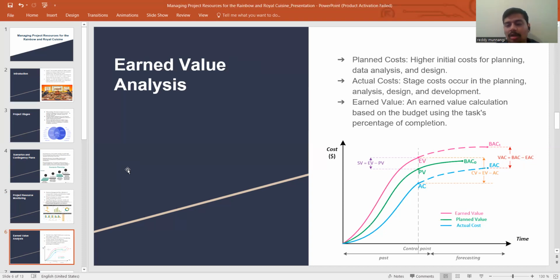Initially I planned £10, but my cost was £12. So by calculating the earned value, the difference between these two is somewhat higher. That's what you can see in this graph. The actual value is the bottom line and the planned value is the green one shown in the middle. You can see the variation.